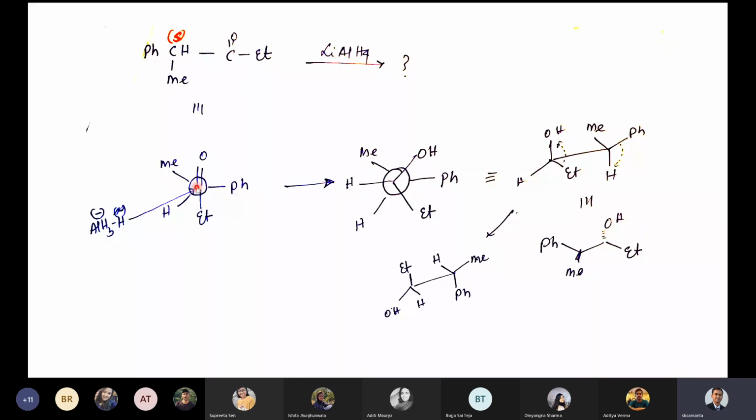Phenyl is your B priority, methyl is your C priority. So A to B, phenyl B to methyl C, that is A to B to C anti-clockwise. So this is an S configuration, correct? Same as before. The only difference is it was H, in this case it is Et.